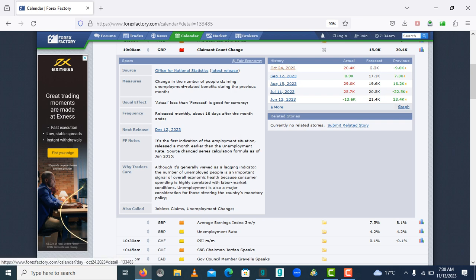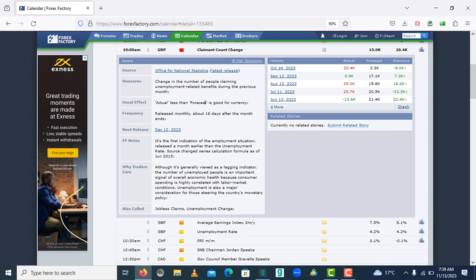Let's look at this news that was released on October 24th, 2023. The previous was negative 9.0 thousands. I hope that came in as a thousand. The forecast was 2.3, but the actual was 20.4.